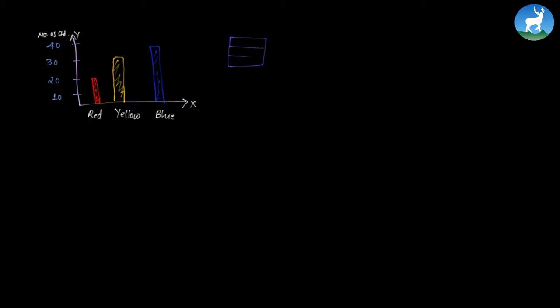So it's with red, yellow, and blue. So red, it's 20, yellow, it's 30, and blue is 37. Okay, so these are the number of students whose favorite colors are like in the corresponding chart. So number of students we can interpret by this graph.